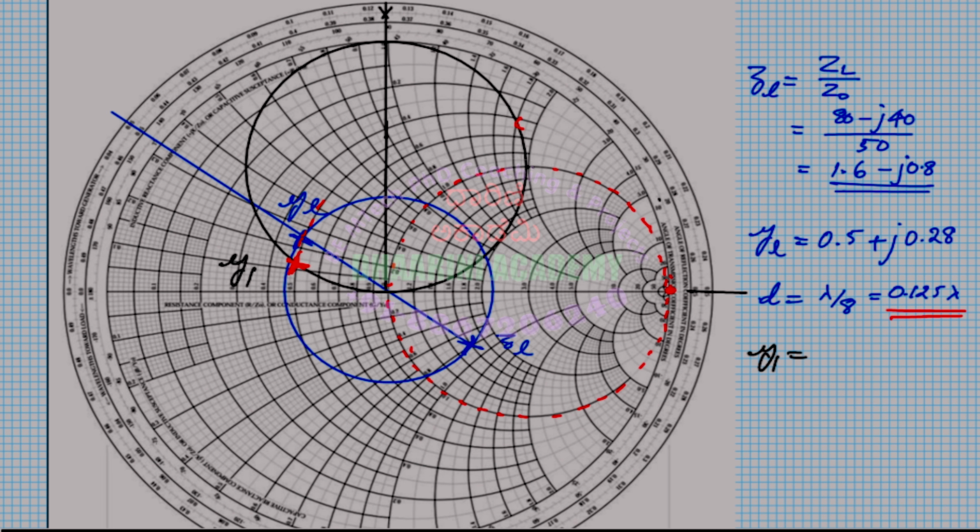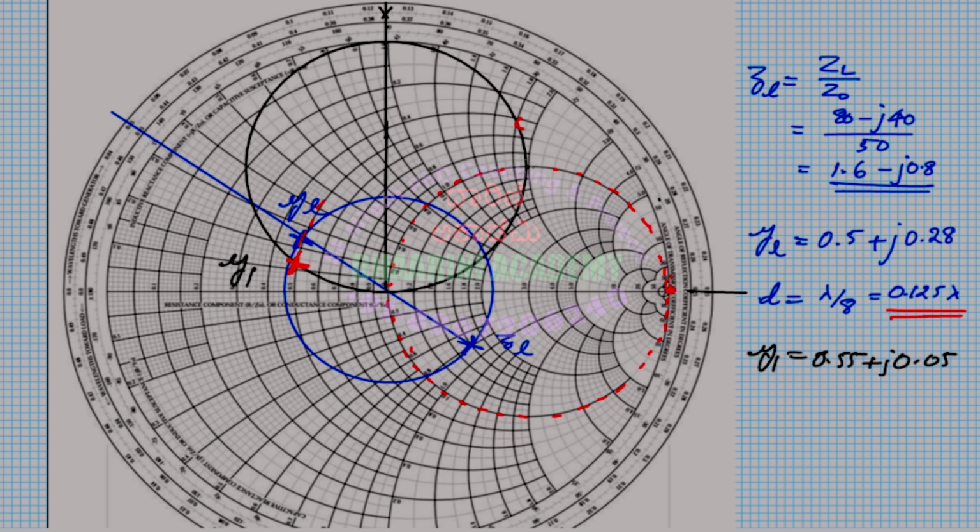The y1 value comes to be 0.5, plus j 0.05, isn't it? So we get the value like this. Now, if I go to the other side, I will get a different value. You can go with that as well, but the method remains the same, irrespective of which one you choose.